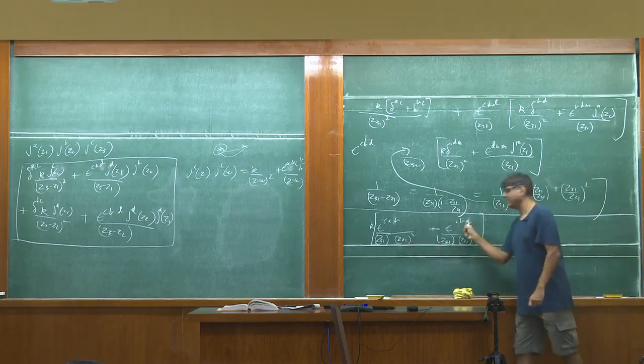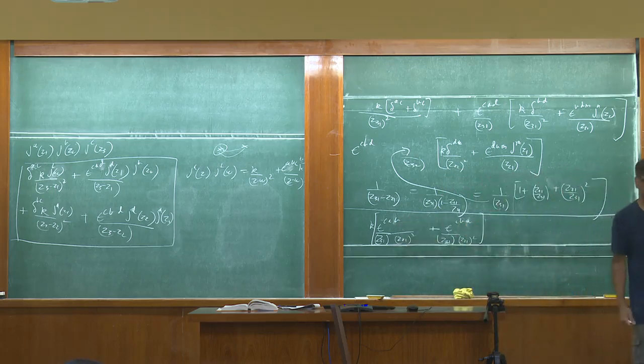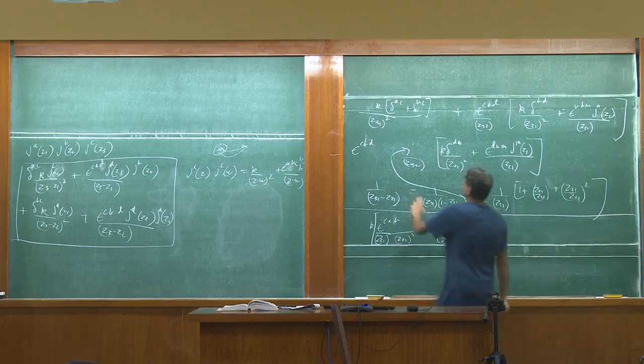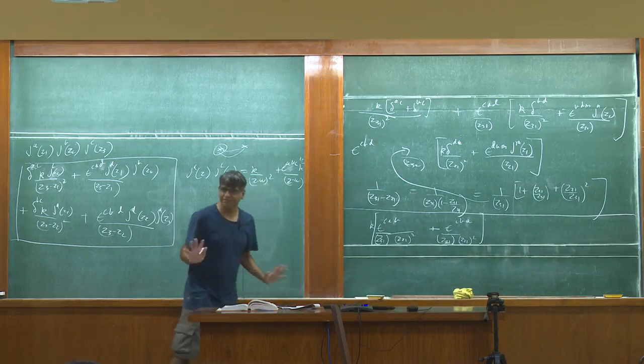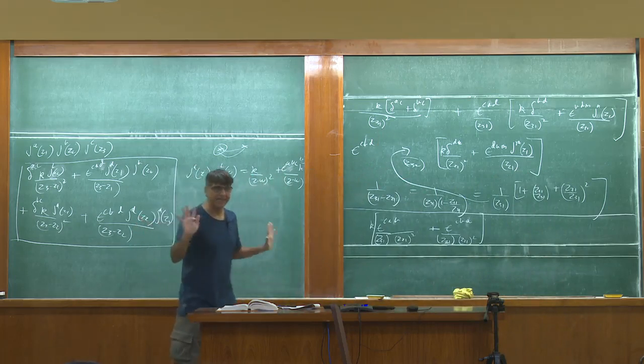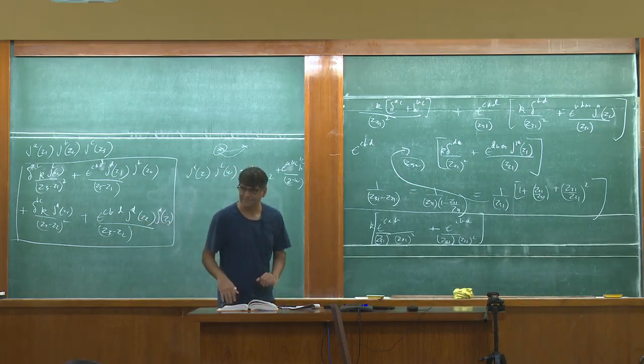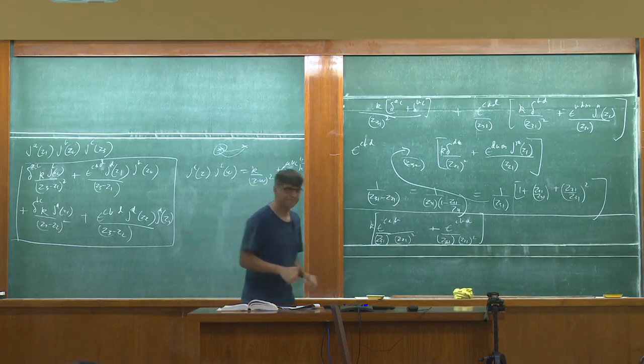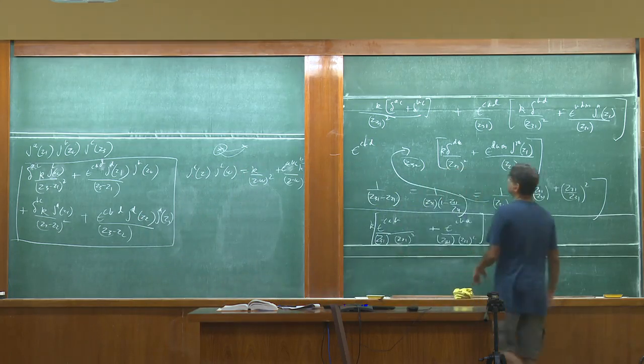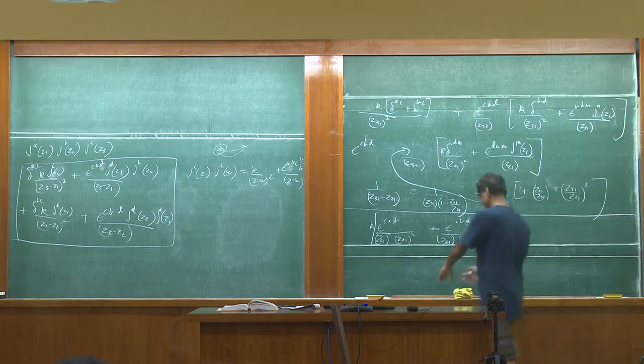And these two are equal and opposite because epsilon is completely antisymmetric. Okay? So this funny leading order term just cancels. Is this clear? Okay, so now let's move on to the other terms.